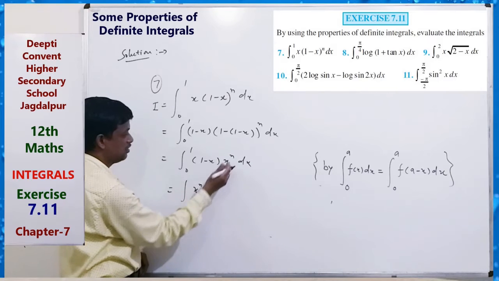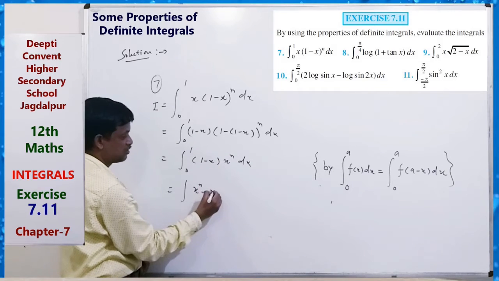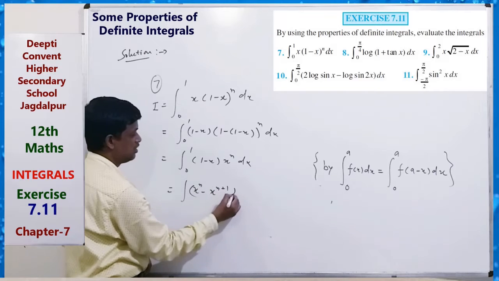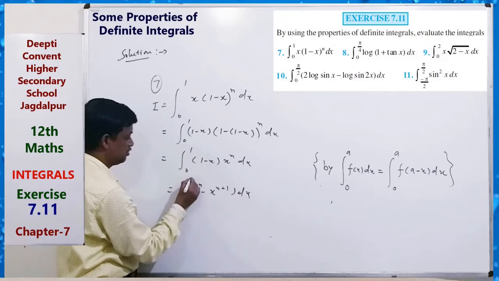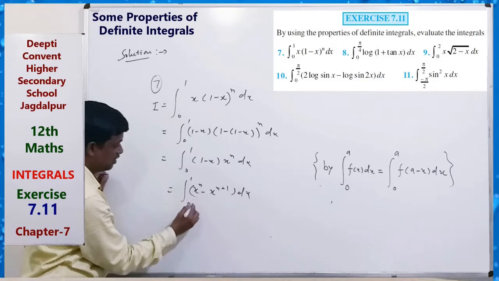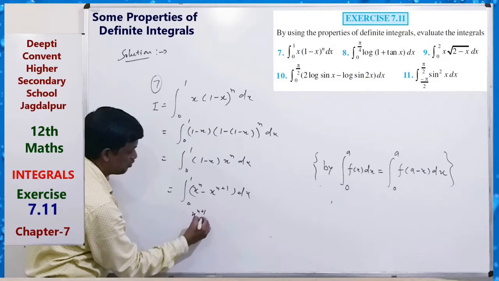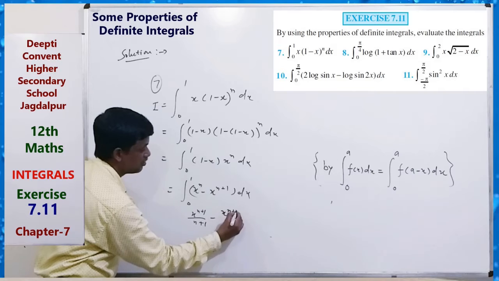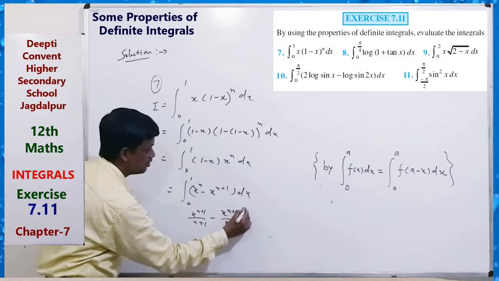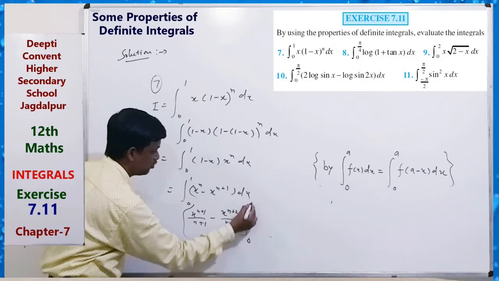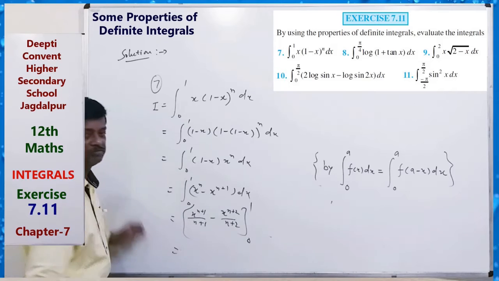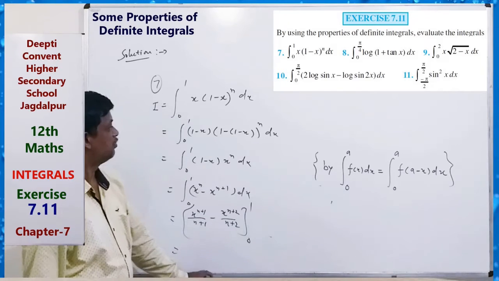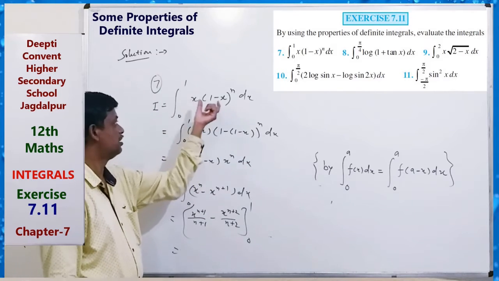x to the power n multiplied by x gives x to the power n plus 1 dx, 0 to 1. We can solve it simply. Integral of this is x to the power n plus 1 upon n plus 1, minus x to the power n plus 2 upon n plus 2. Apply limit 0 to 1. We can get the value, very simple, by using this property.